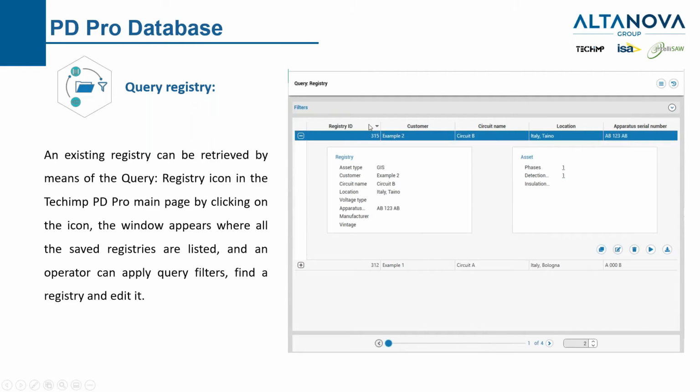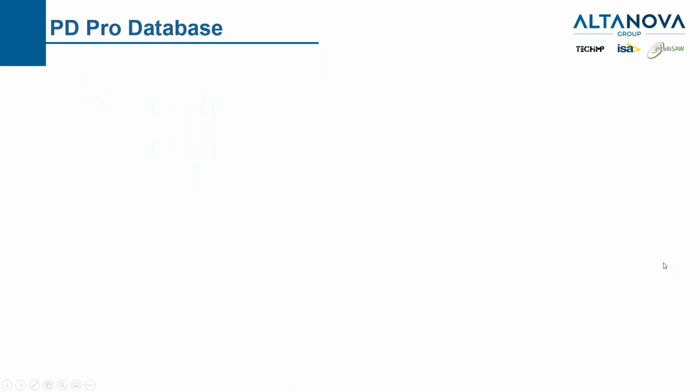On the list we will see the registry ID, the customer name, the circuit name, the location, and the apparatus serial number. On the registry will be shown the details introduced during the registry creation, and they can be copied, modified, deleted. We can run an acquisition, or we can import data from this point.